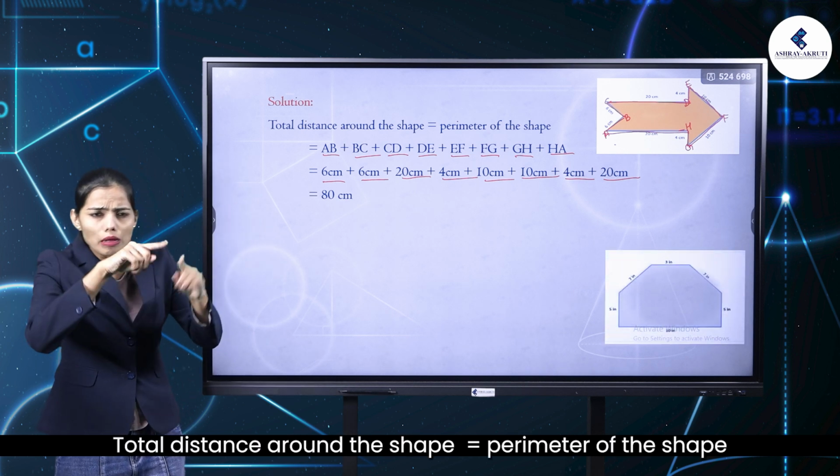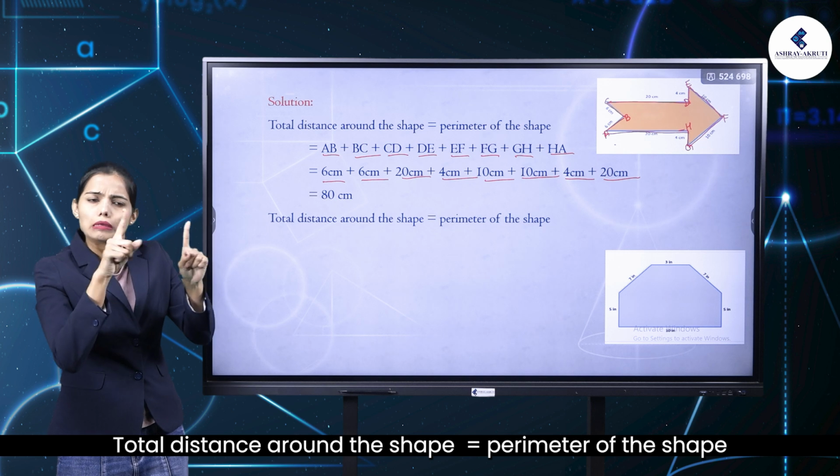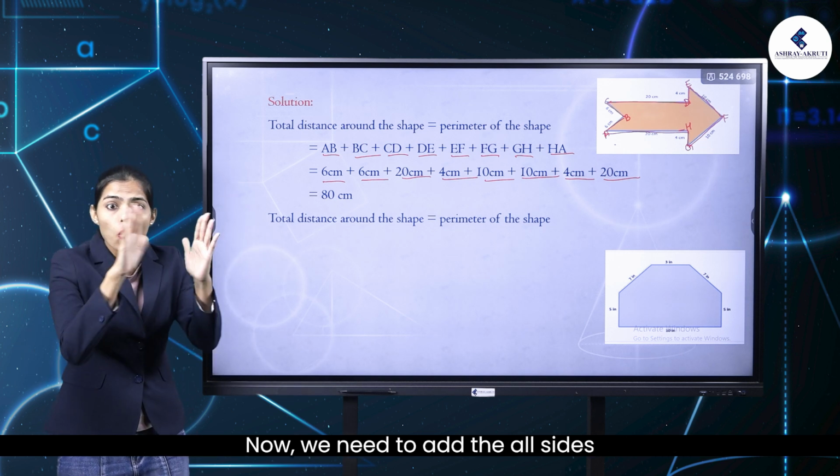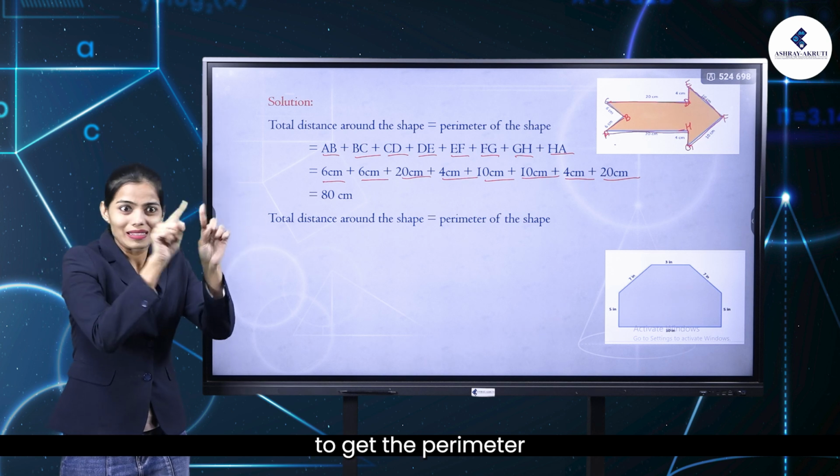Total distance around the shape is equal to perimeter of the shape. Now we need to add all the sides to get the perimeter.